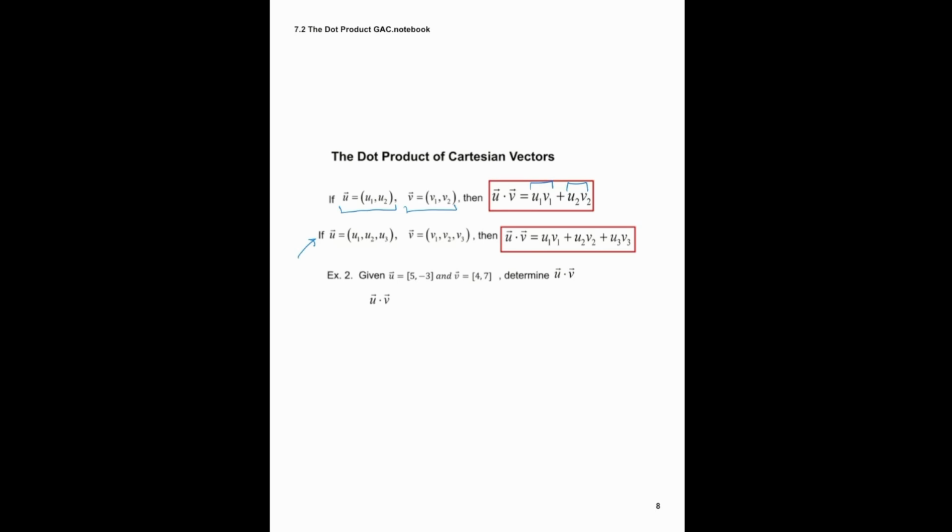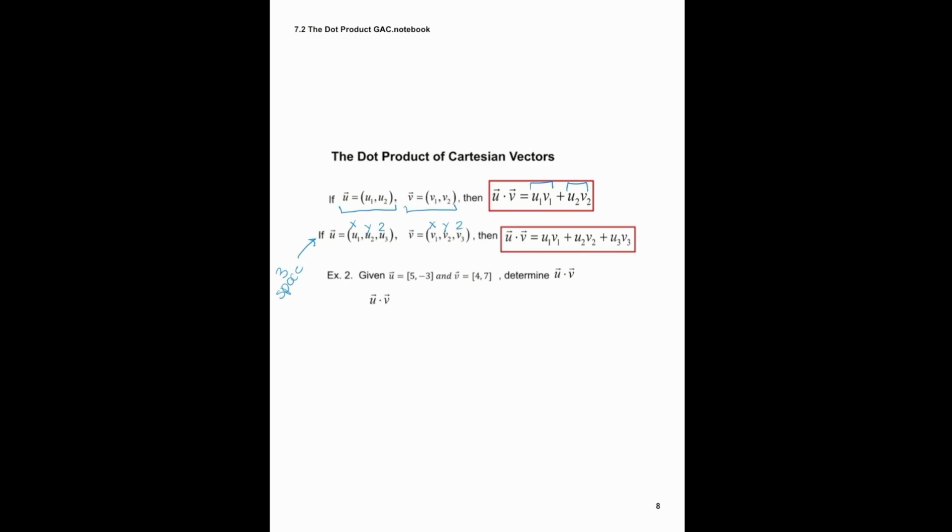When we have 3-space, I can still find the dot product. It becomes the product of the x values, plus the product of the y values, and then we also add the product of that third dimension, z. We're going to leave that for a little bit and come back to it in a couple of lessons.